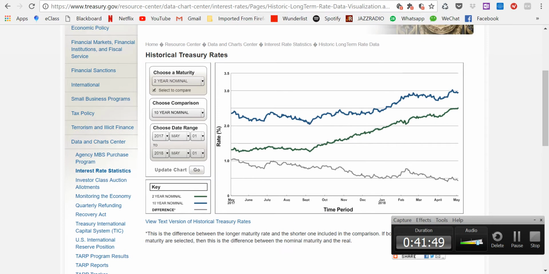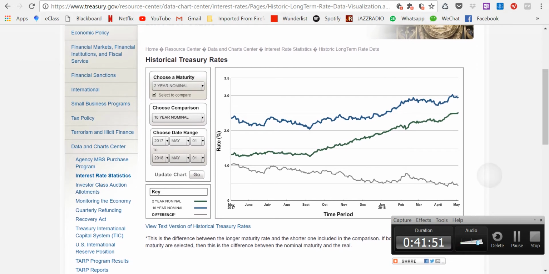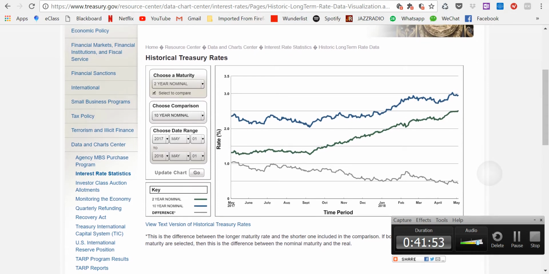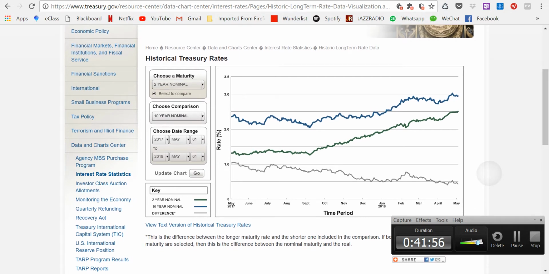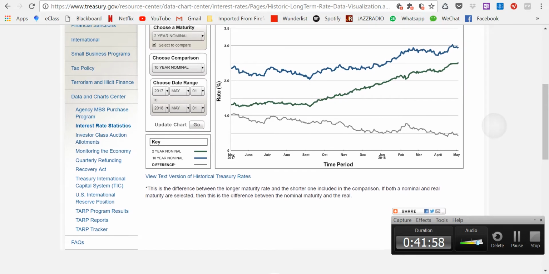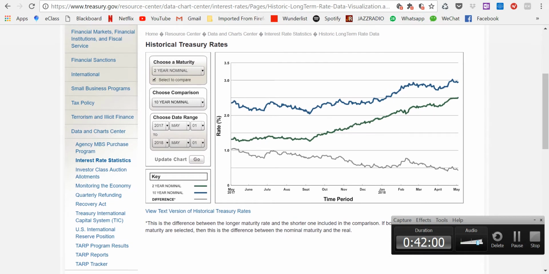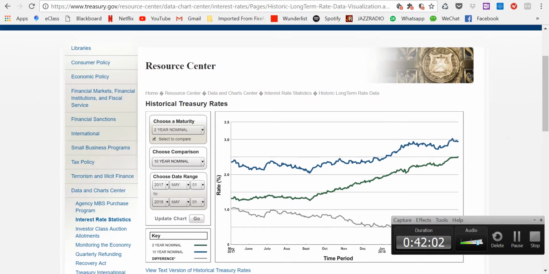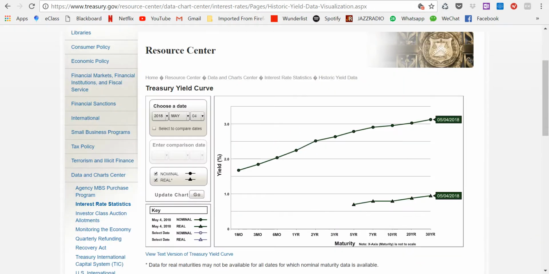It is actually comparing the 2-year and the 10-year every single day, but this is not. I just want to have a look at the yield curve. Okay, just bear with me, I'm looking for the one.